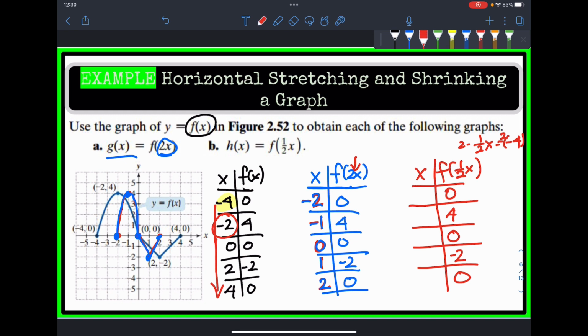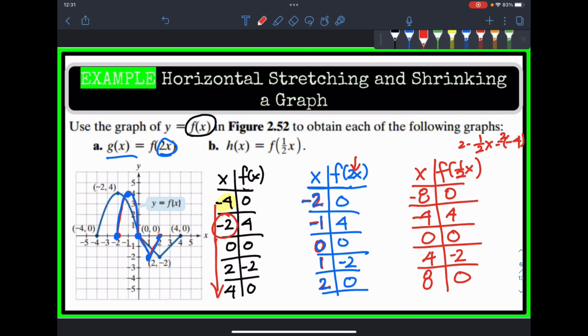So we end up with -8. And if I do that with -2, if I divide -2 by 1/2, I end up with -4. Dividing 0 by 1/2, that's still going to equal 0. Dividing 2 by 1/2, that's equal to +4. And dividing 4 by 1/2 is equal to 8.